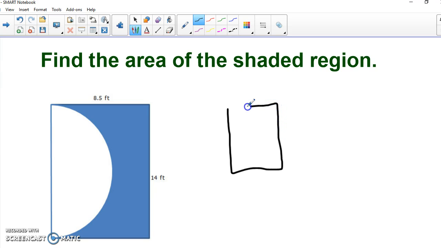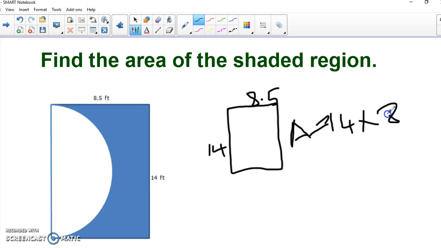Excuse my lines. And the dimension will be 14 feet by 8.5 feet. And as we have done before, the area of the rectangle is length times width.